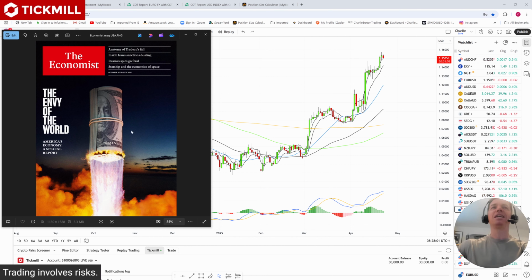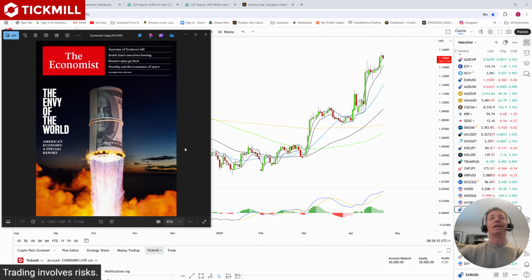I've been using this screenshot because it was such a red flag to me back late last year and even coming into this year as a sentiment measure, that you've got front page articles with the dollar rising to the moon sort of thing, and the envy of the world. And you do wonder at that point, oh blimey, this is a sentiment measure. Let's just see what happens over the months ahead.